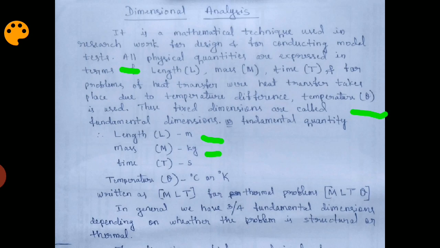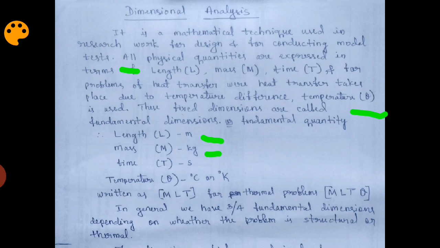For temperature we use theta. SI unit is degree Celsius or Kelvin. So the standard symbols and SI units are written: M, L, T and theta. The SI units are, for length meter, for mass kg, for time seconds, for temperature degree Celsius or Kelvin.